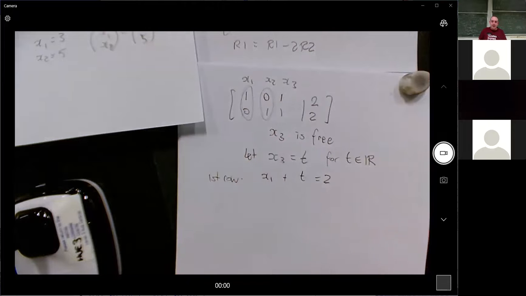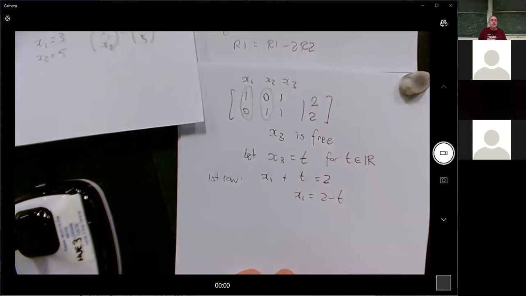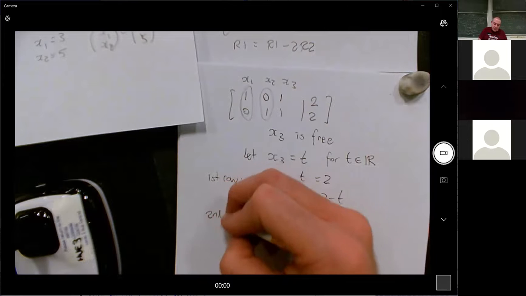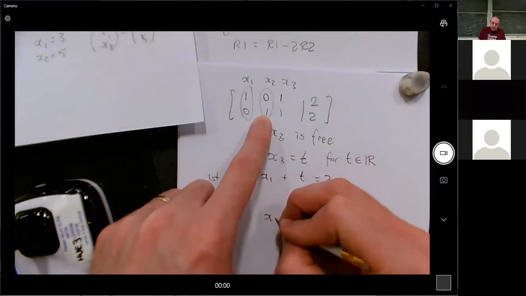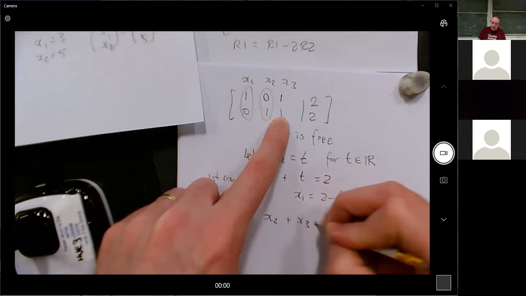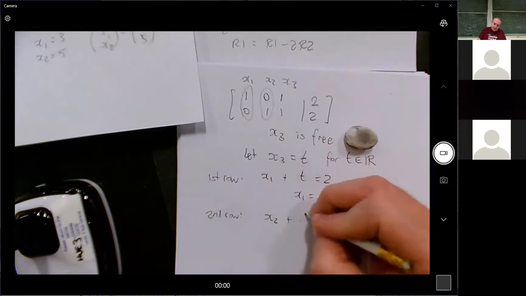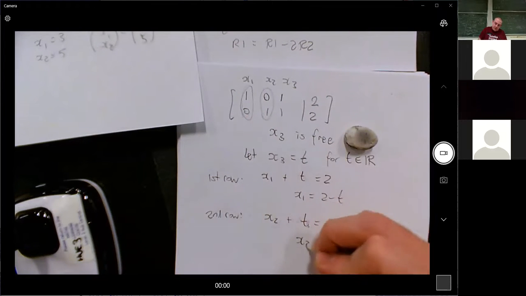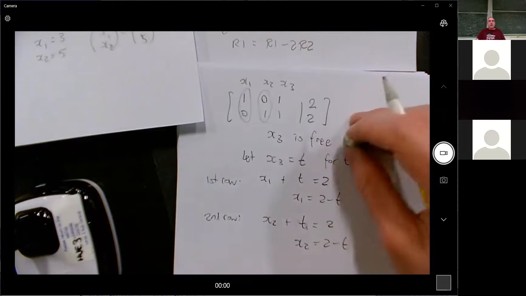Okay, I put a let there. And so x1 is 2 minus t. And from the second row, no x1s and 1x2 and 1x3 is 2, but x3 is really t. And so I've got x2 is 2 minus t as well. It's very rare that they come out to be the same thing.